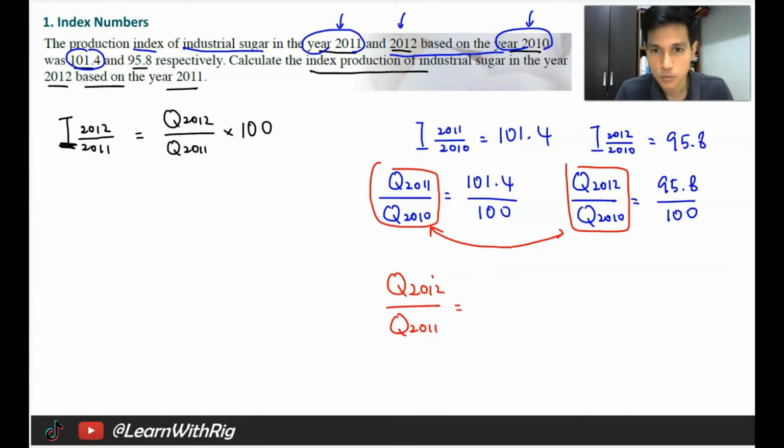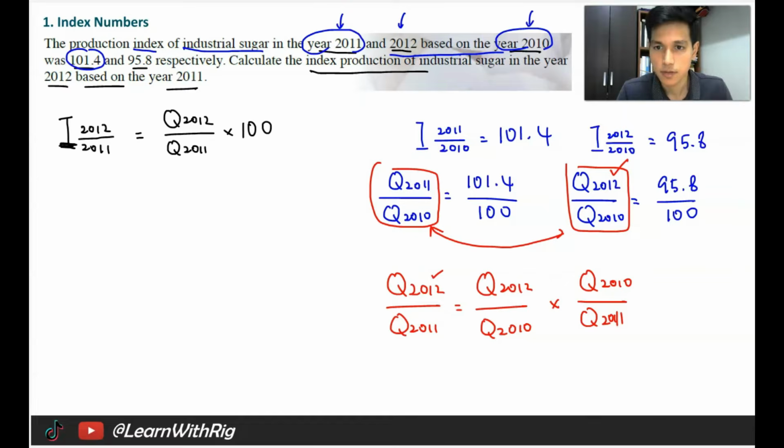The top here is 2012, and here the top is also 2012. So I'm going to use Q2012 over Q2010 times Q2010 over Q2011.